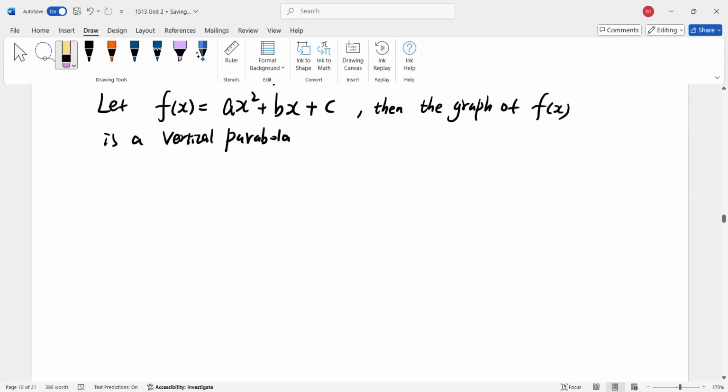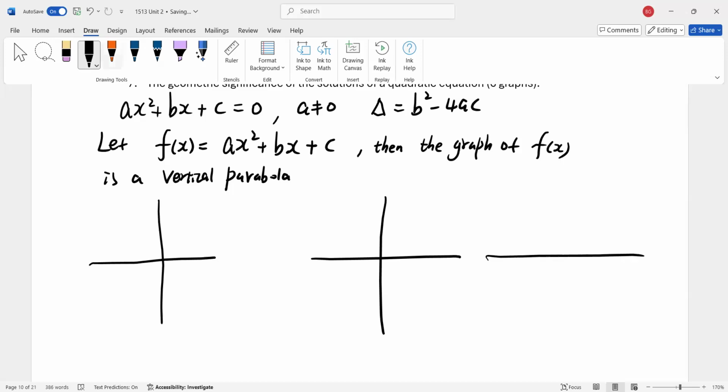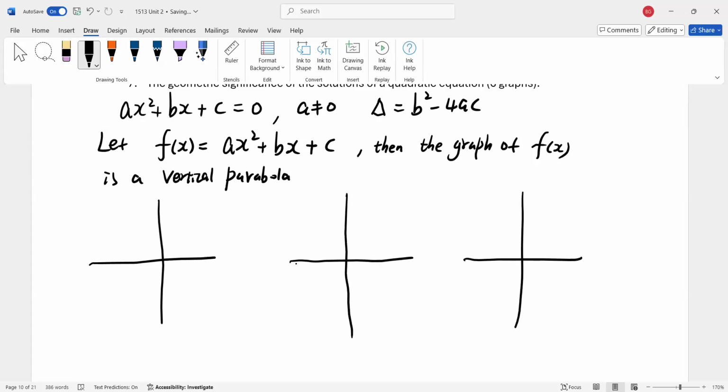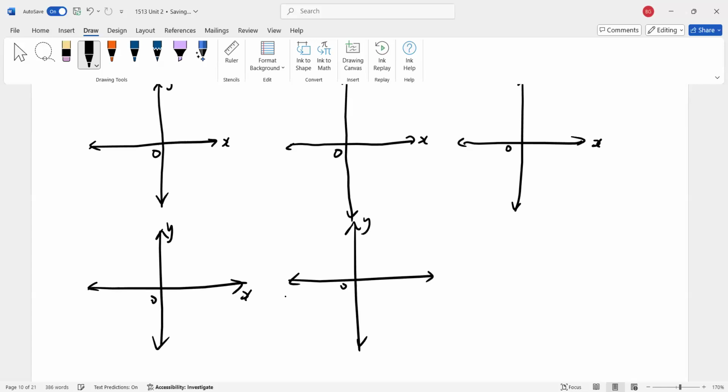I mentioned here we're going to have six graphs. Three on top and another three below.